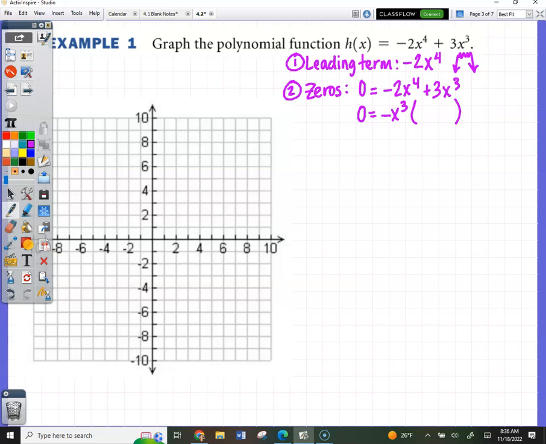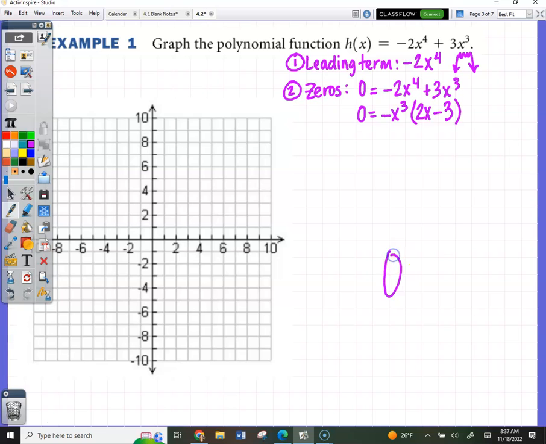Negative x cubed times what would give me negative 2x to the 4th? 2x. See? So we're going to write 2x. Repeat. Negative x cubed times what would give me positive 3x cubed? Negative 3.